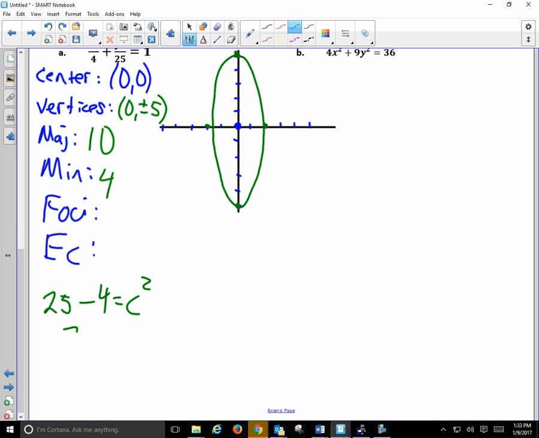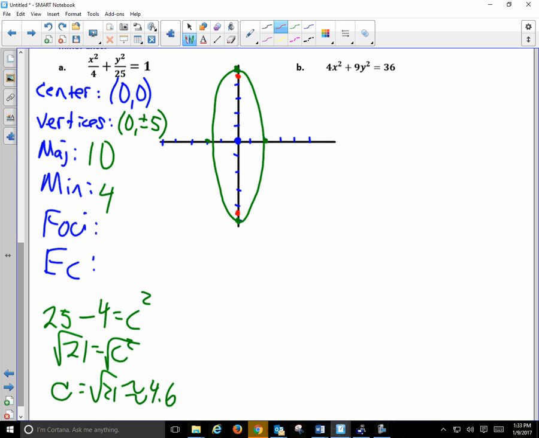So we got 21 is equal to c squared. Root both sides. So c is equal to the root of 21, which is approximately 4.6. So if I move 4.6 units along the major axis, I'm going to get to about these red dots. The location of those red dots are 0 and plus or minus the root of 21.